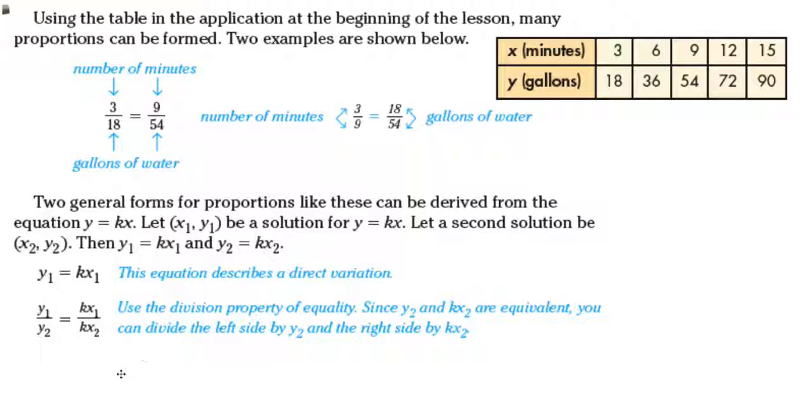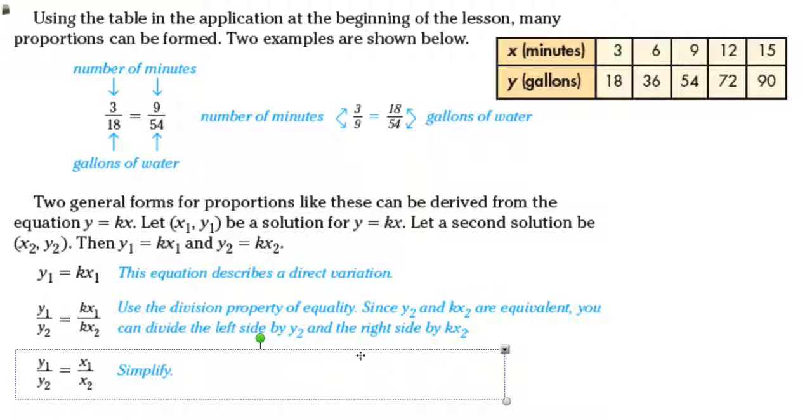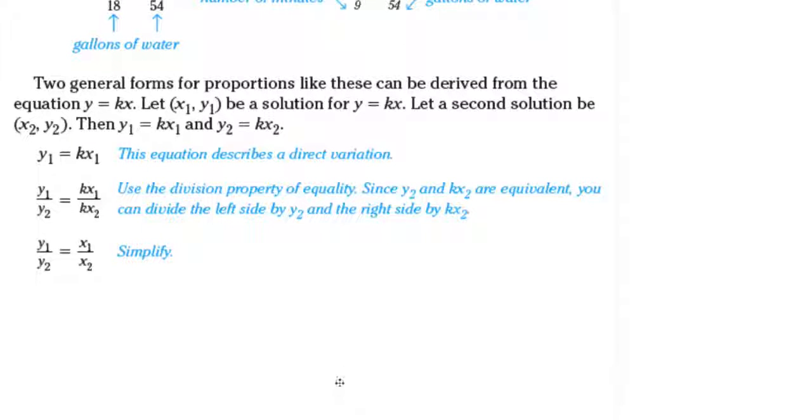Doing so, we end up with this proportion. If we simplify that, we come up with another formula for direct variation. Write this down because this is another formula that you can use for direct variation.